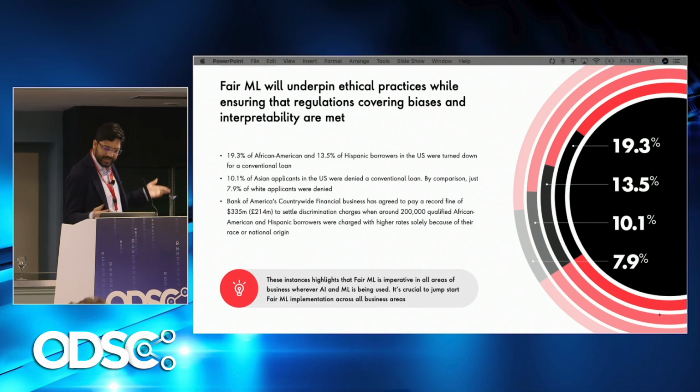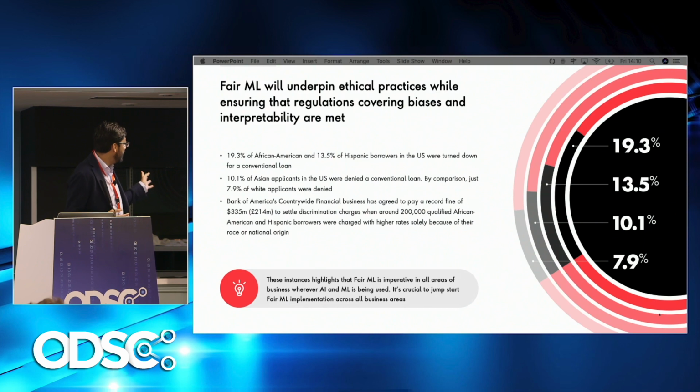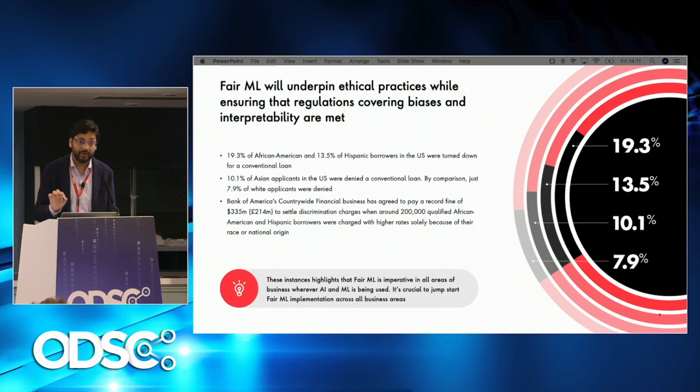Similarly, recently Bank of America had to pay around a 240 million pound fine to regulators because they disqualified around 200,000 qualified African American and Hispanic borrowers just because of their race.